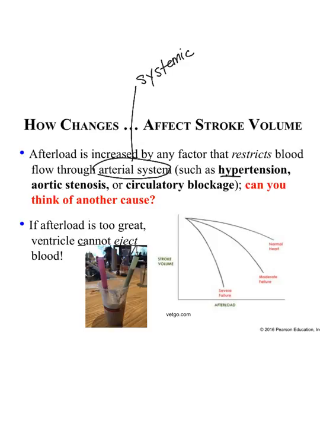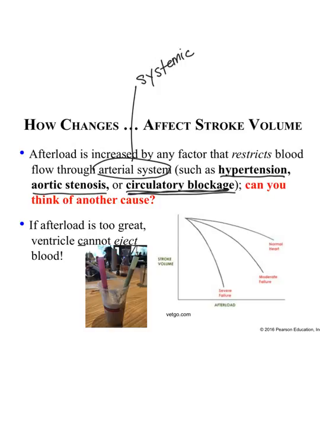So if you have high blood pressure, hypertension, aortic stenosis, where your aorta is basically hardened and loses its ability to stretch, or circulatory blockage, possibly a thrombus in blood vessels or even an embolus. There are other causes. One off the top of my head would be edema. If you have a lot of fluid accumulation in the outside tissue, that's going to put pressure on the blood vessels and restrict blood flow.